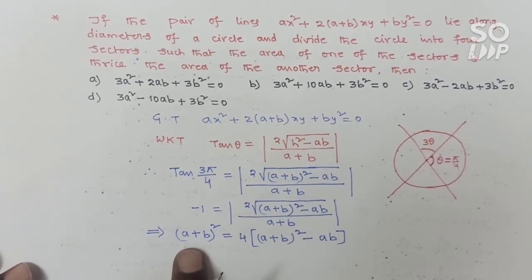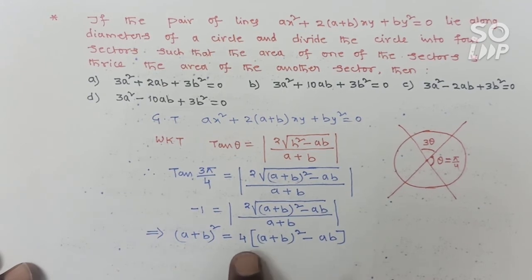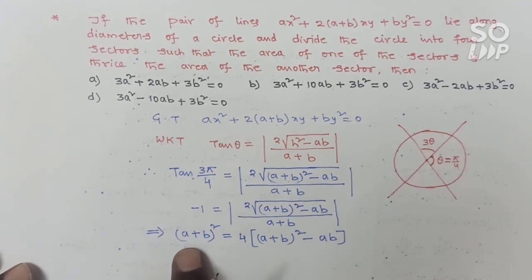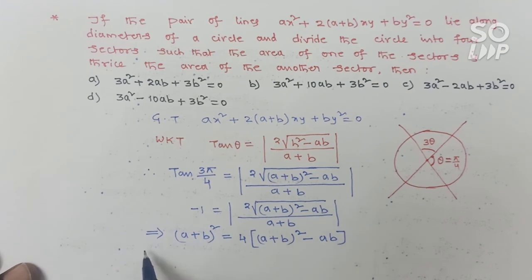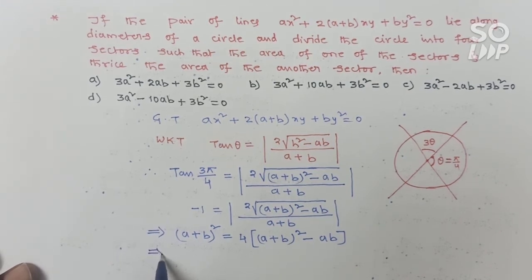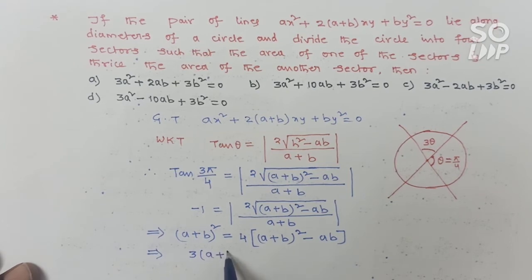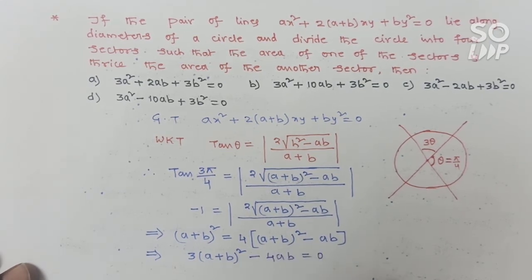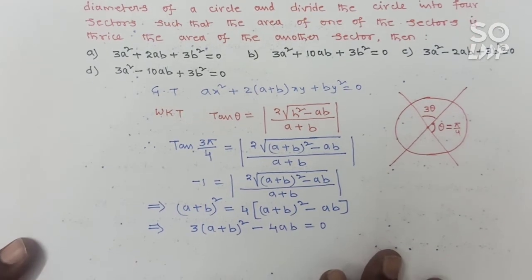Now here a plus b whole square, here 4 into a plus b whole square. By getting this one to the left hand side, this becomes 3 into a plus b whole square minus 4ab is equal to 0. Right? Now you simplify this value.